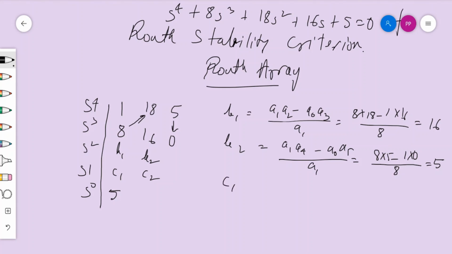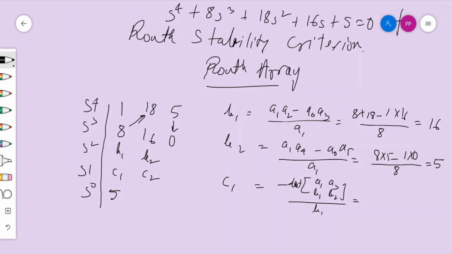Similarly, c1 can be obtained as the negative determinant of a1, b1, a3, b2, divided by b1.